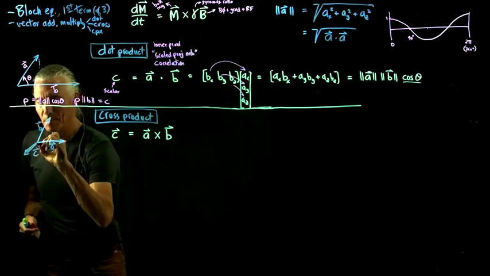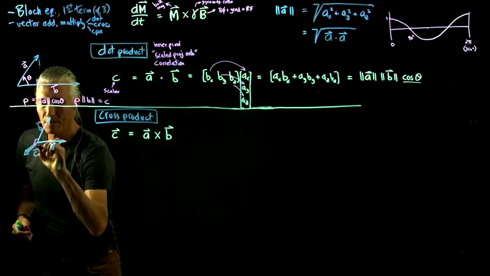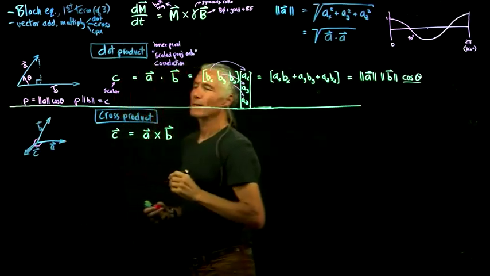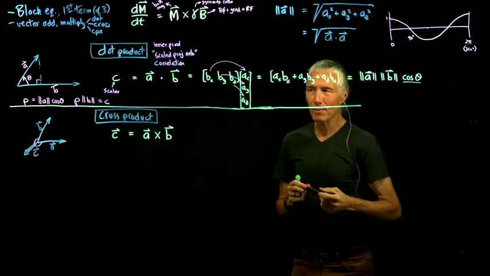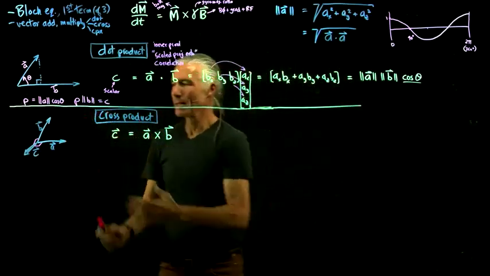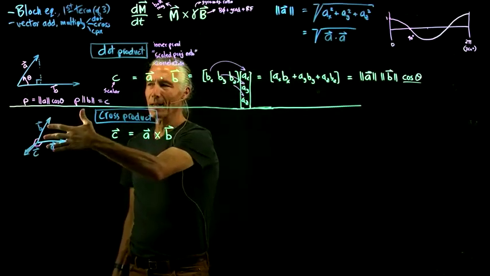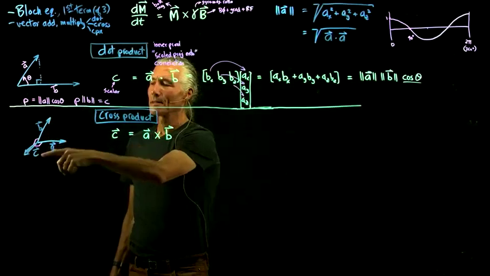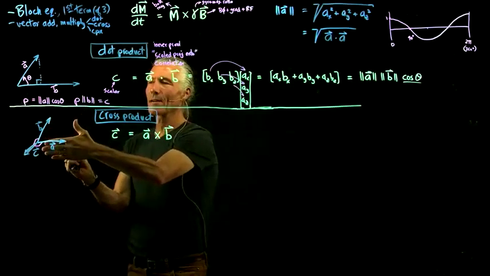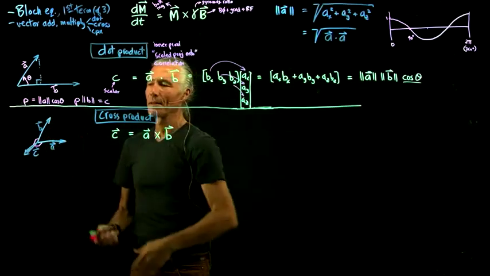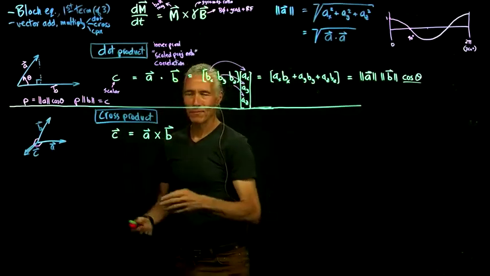And so what does that mean? So it's perpendicular to this guy. It's also perpendicular to that guy. So what does that also mean? It means it's perpendicular to the plane. If you take two vectors, A and B, that defines a plane. And so the C vector is going to be perpendicular to that plane with a certain length. We have to figure out what the length is.